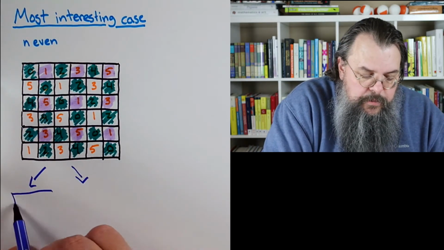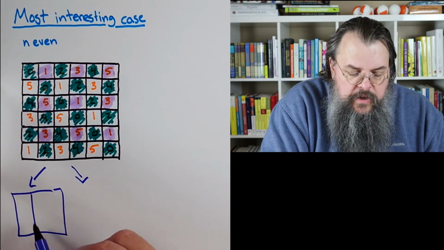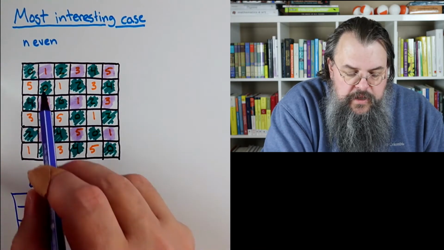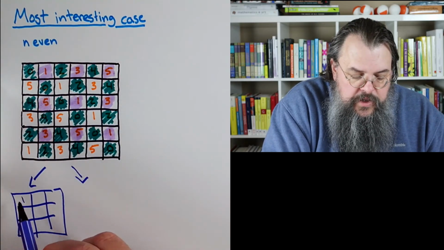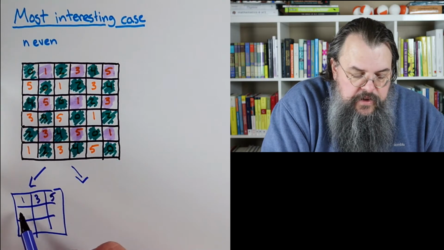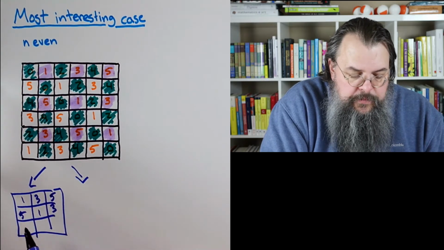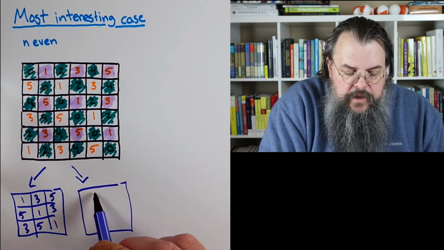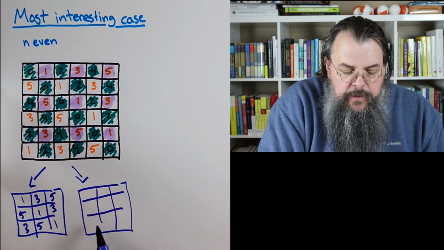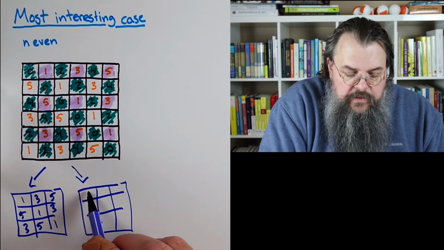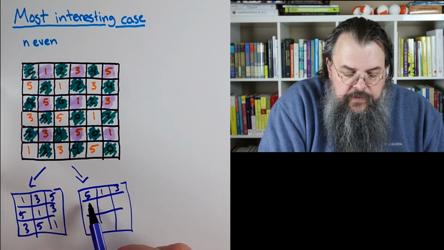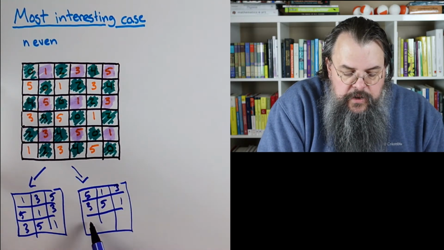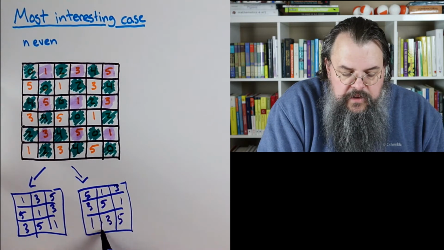In this case, what would our boards look like? Well, if we do the purple one, it would be 1, 3, 5, 5, 1, 3, 3, 5, 1. And our other board, coming from the white one, would be 5, 1, 3, 3, 5, 1, 1, 3, 5.